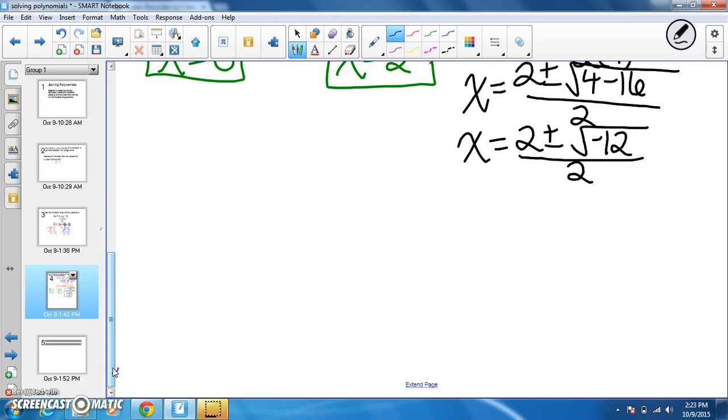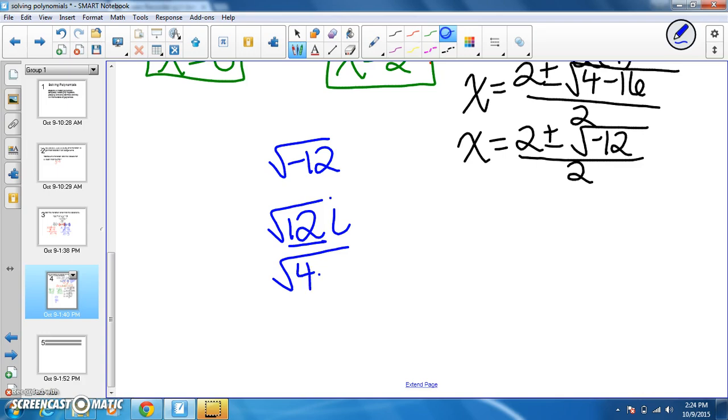So this may or may not be your favorite part, but we have to simplify the square root. So the square root of negative 12 is the same thing as the square root of 12 times i. I want to split up 12 so I have a perfect square, so I can simplify my square root.